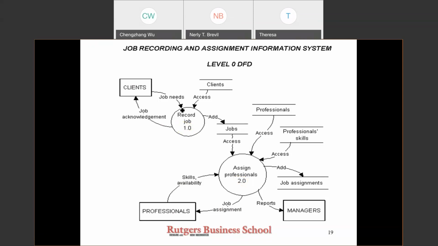So this level 0 DFD diagram shows two main processes involved. They are job recording process and job assignment process. It also shows the data stores accessed or updated by the process.